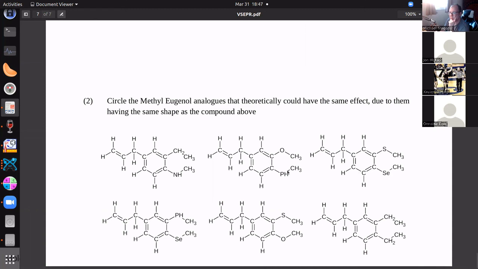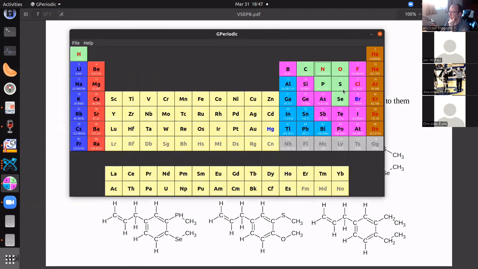What do you think we're looking to replace it with in these cases? Nothing? Okay. So what we want to do is replace it with something that's in the same group as the oxygen, because that's going to lead us to that same sort of shape. So we want to replace it with a sulfur or selenium or something like that.